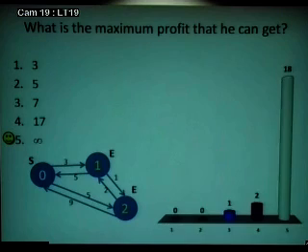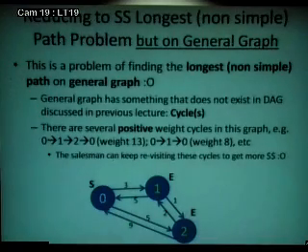If you are doing a longest path on a general graph, if you spot any positive cycle, you can keep cycling there and get infinite profit. So the salesman can go 0, 1, 2, 0, 1, 2, 0, 1, 2 infinitely, and then get infinite profit, and then finish his tour in either 1 or 2, get infinite money, become the wealthiest man on earth. It's impossible, right? The problem is not like that.